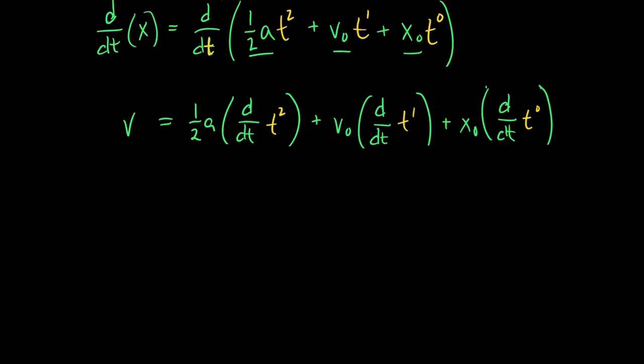I bring down the exponent and I subtract 1 from the exponent. All right, so I did the first one, right? Brought the 2 down out front, subtracted 1 from the exponent.